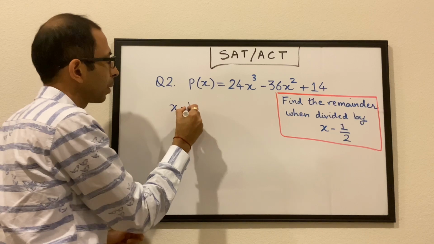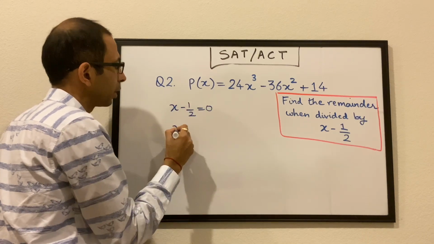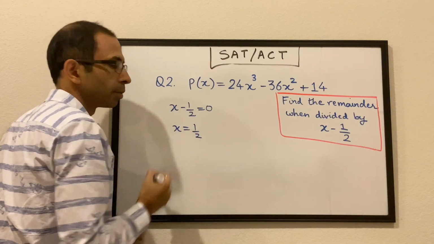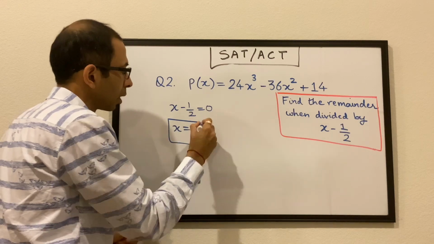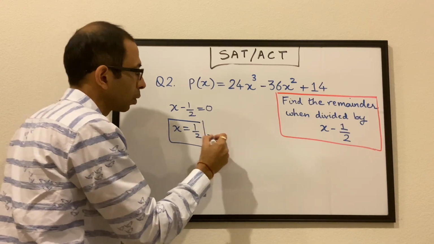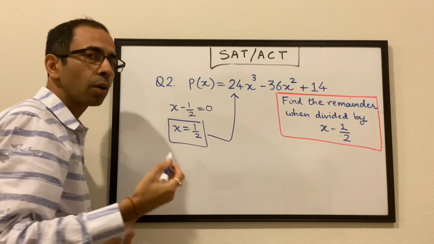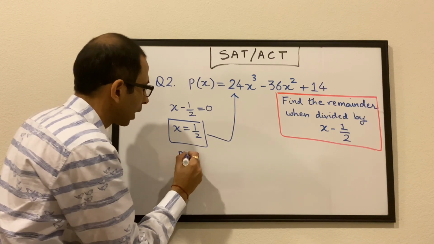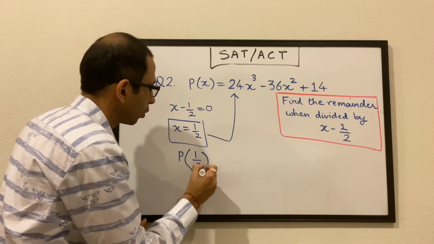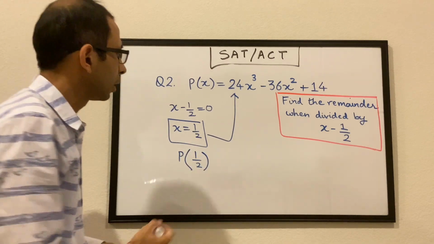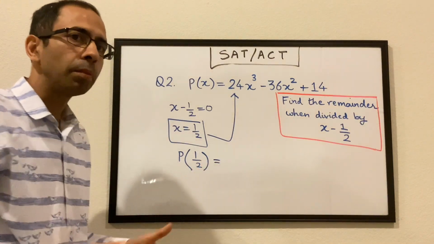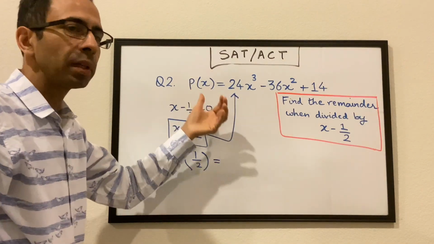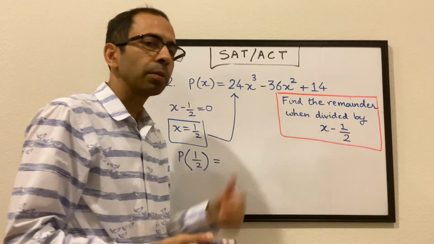So we are saying x minus half is equal to 0, or in other words, x is equal to half. Then we plug in the value of x equal to half into this function, or in other words, we find the value of p(half), and whatever we get will be the remainder of this polynomial when it is divided by x minus half.